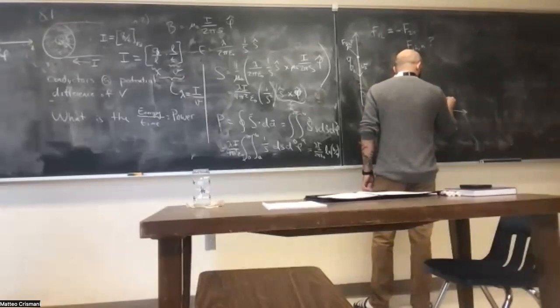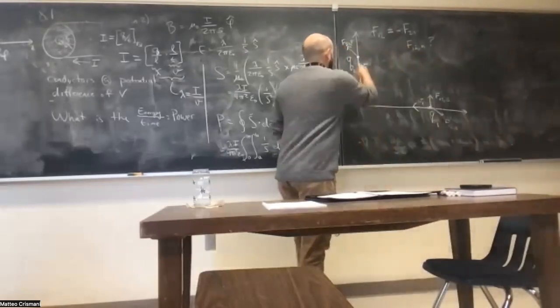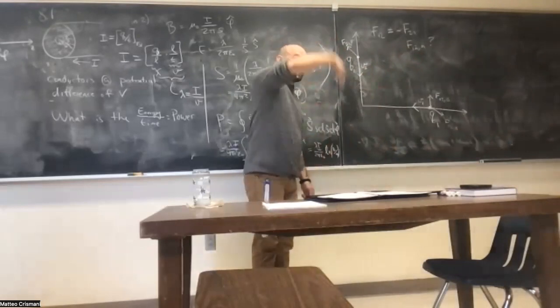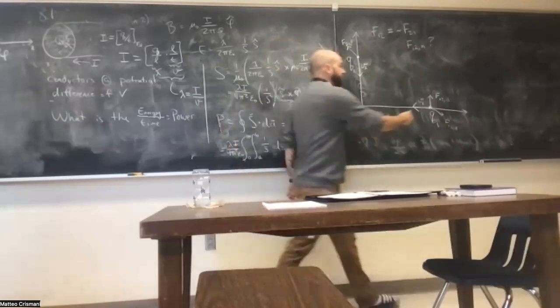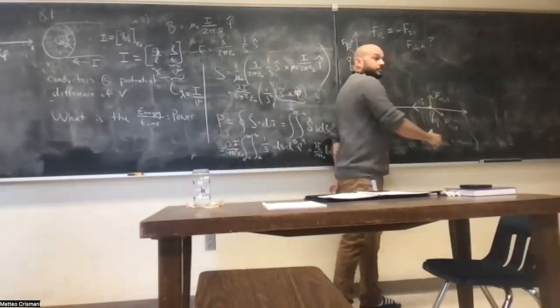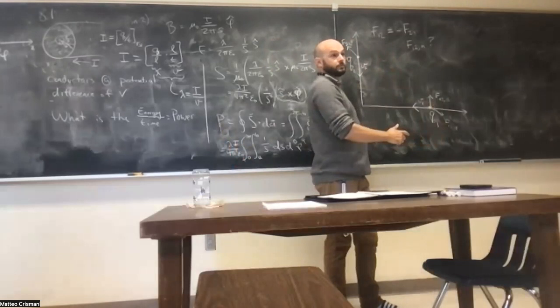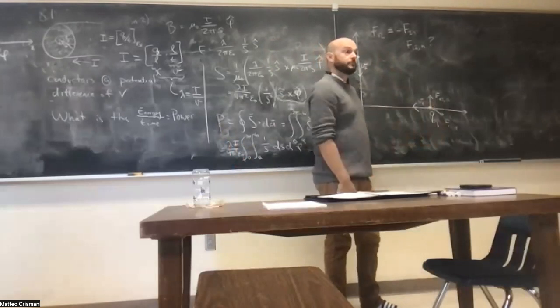We're claiming it's up. This is F 1, 2, V. So this one is going down. Is that the force it does on itself? No, this is the force on 1 from 2. How did you get that?